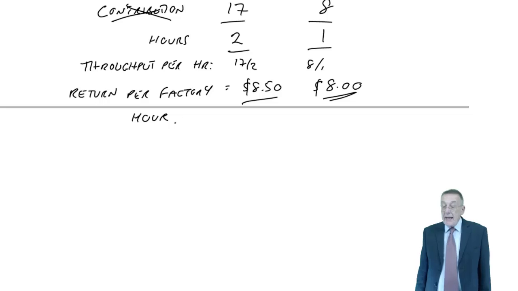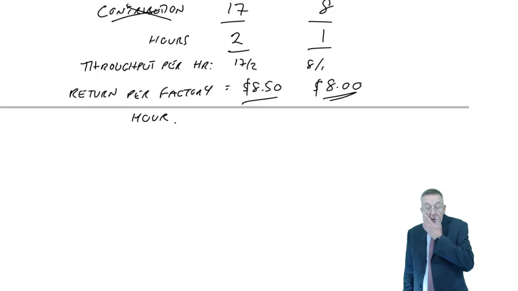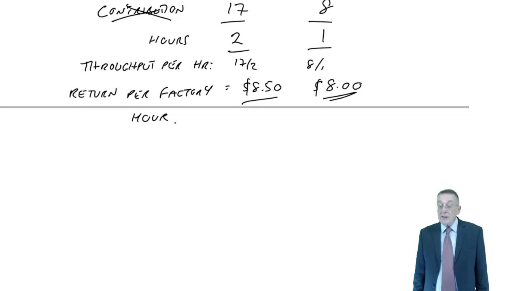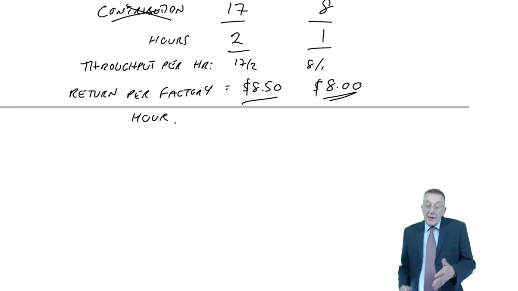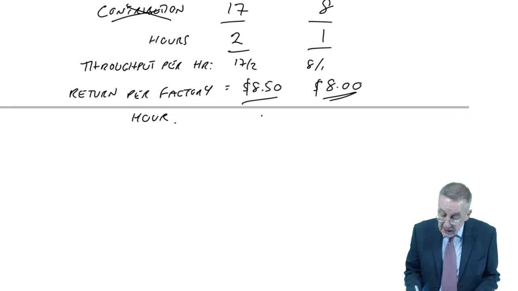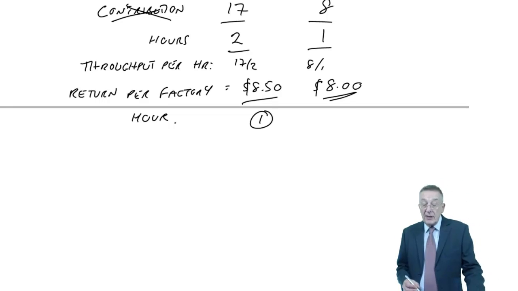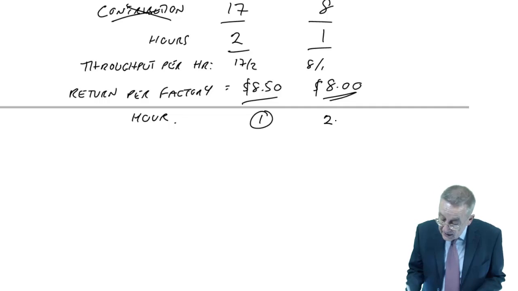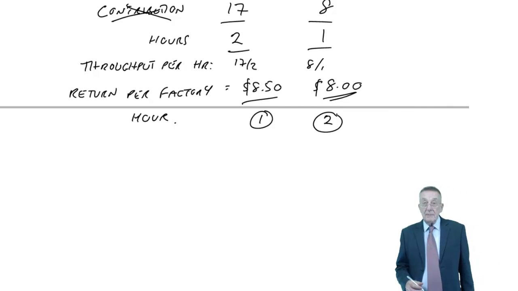And so every hour used making A generates $8.50, every hour making B generates $8. And so this time it turns out A is the best use of the limited hours, B is second best.